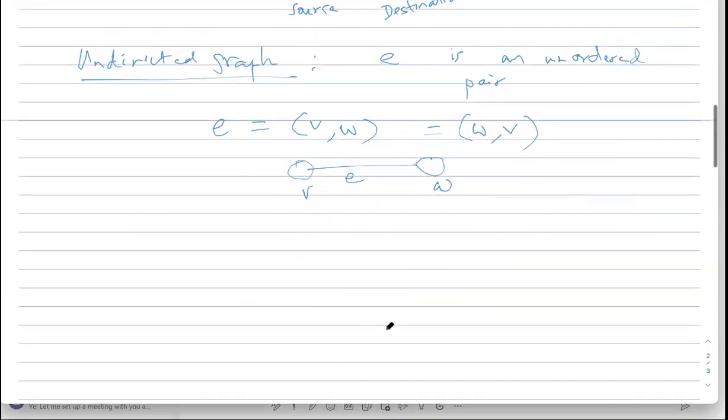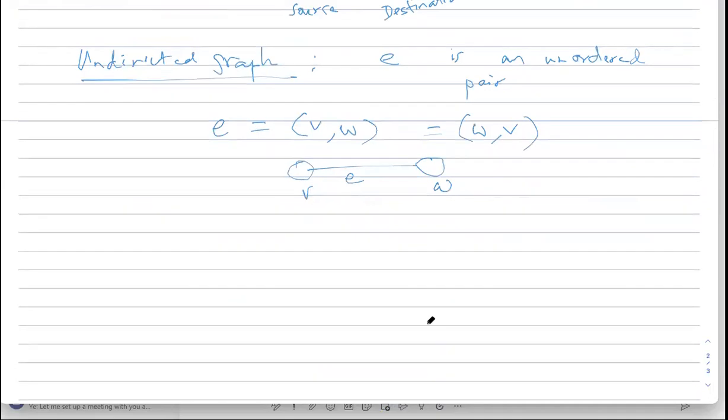So what would be a common use of a graph? Can you think of any use of graph where you want to just pull a bunch of vertices and edges connecting them? What would be some common examples? Like a subway system, or the transportation system.